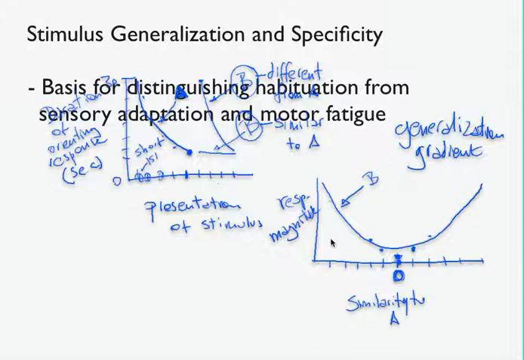I can rule it out by changing that stimulus to a new stimulus that also elicits the orienting response. To the extent that I am able to elicit that orienting response with a new stimulus, that means that you are still capable of producing that orienting response. And the reduction in the orienting response that I observed before with the repeated presentation of a stimulus was due to habituation. That's how you rule out motor fatigue.